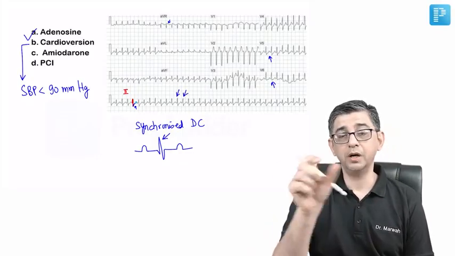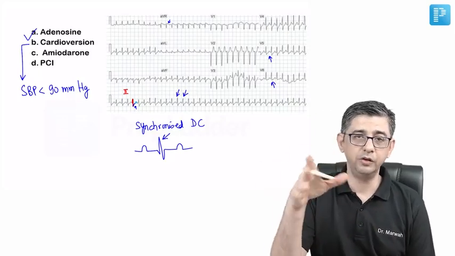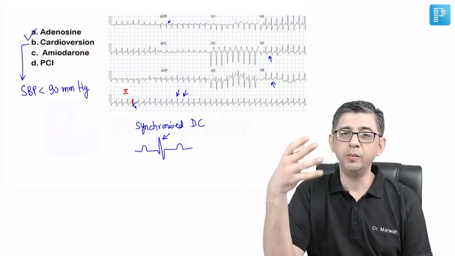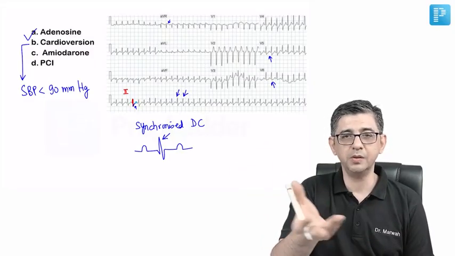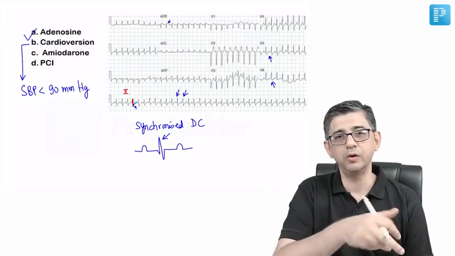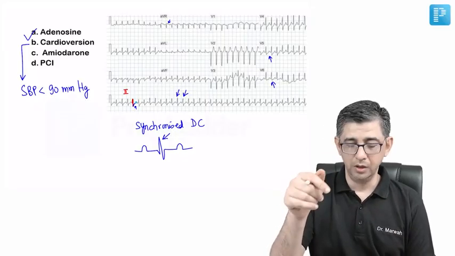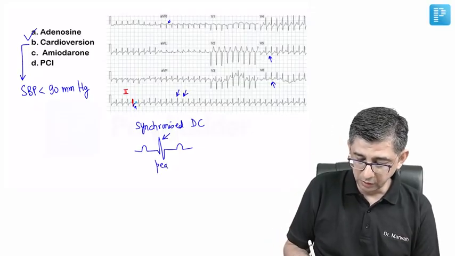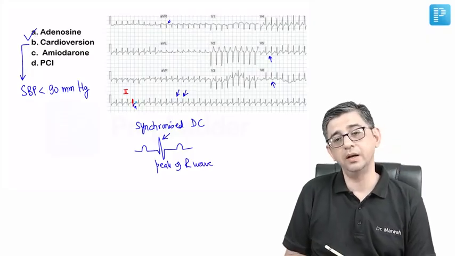So the computer will pick up this R wave, BP of the patient is less than 90, and it will fire the DC shock to stop these fast contractions of the heart. The problem of the heart is fast contractions. If the heart beats very, very fast, I explained to you, input will be lesser, output will be lesser. So if I want to terminate these fast contractions, the computer will pick up the peak of the R and fire the impulse at the peak of the R. So we call it synchronized. And the computer does that automatically.